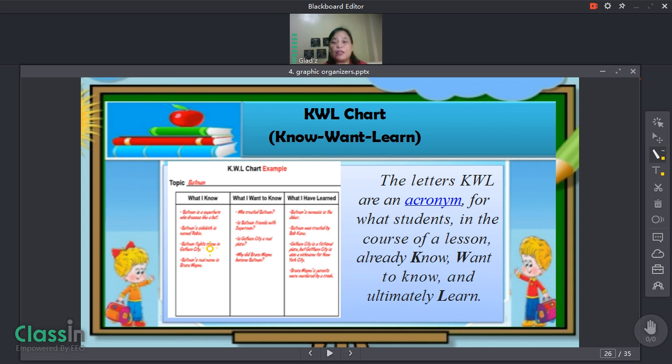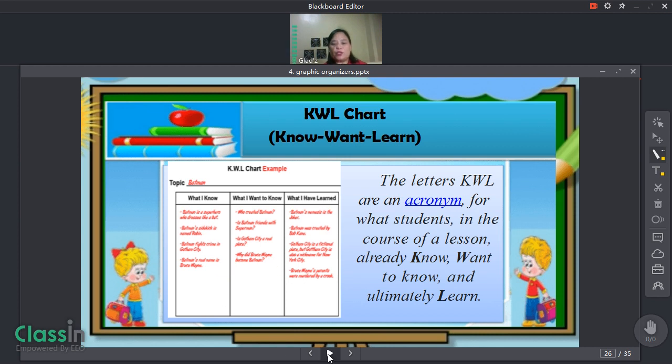In the second column, what the students want to know about the topic given. And for the last column, L, the learn, what the students learned from the lesson discussed or from the story discussed. So that is the KWL chart.